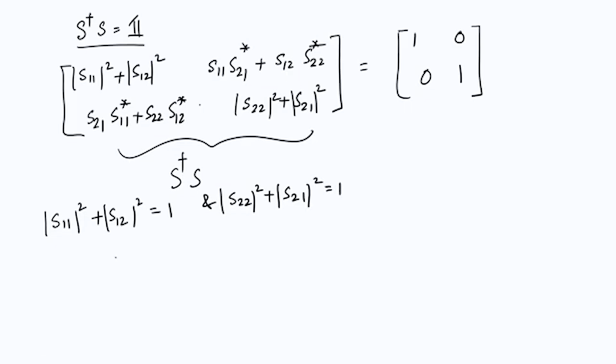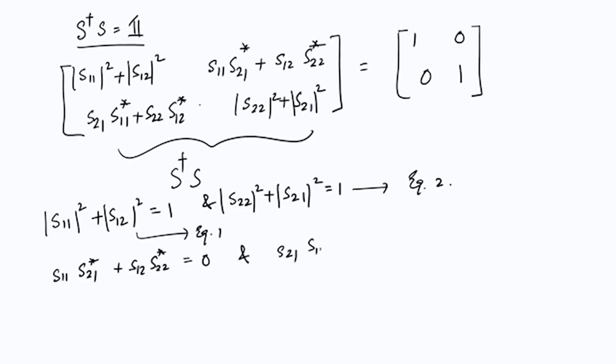You can call this equation number 1, and this equation number 2. It's also true that the off-diagonal elements are 0, which means that S11 S21 star plus S12 S22 star is equal to 0, and also the complex conjugate, S21 S11 star plus S22 S12 star, is equal to 0 as well.